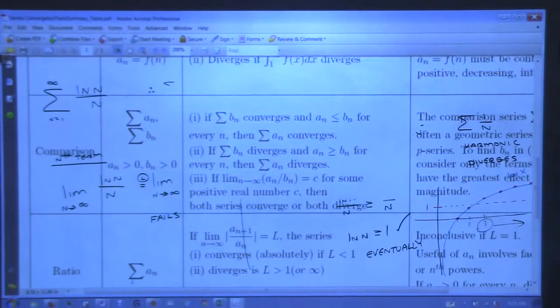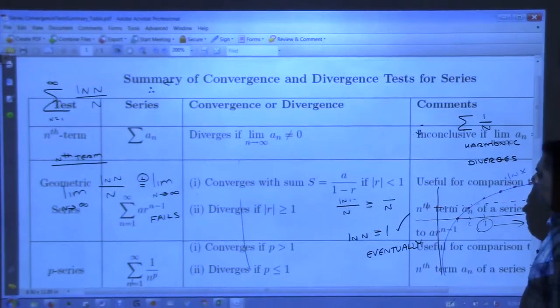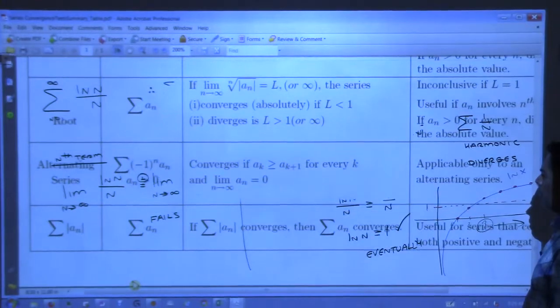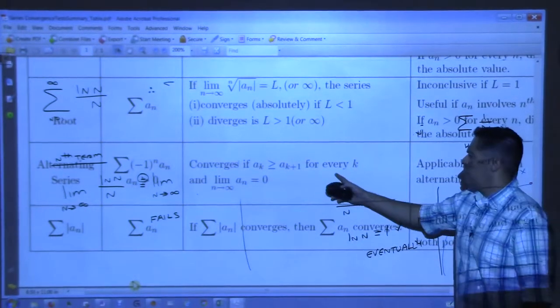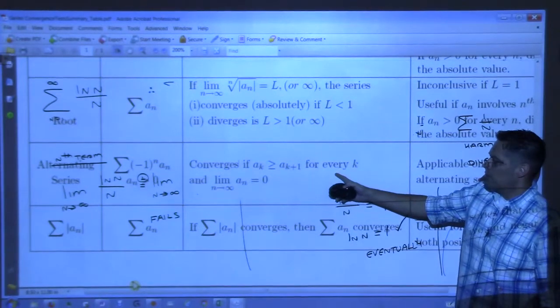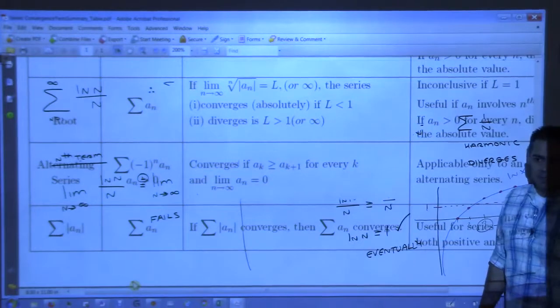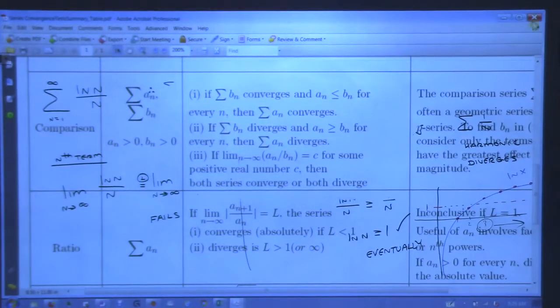I believe there might be more on here. Let me get to the other tests. Alternating series, yeah, for this one also. This one, for every k, can be eventually. But we'll get to that one.